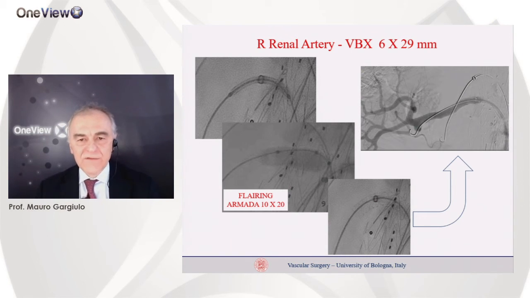First, you can see the positioning of the stent graft inside of the fenestration, the deployment and the flaring of the stent, and on the right side you can see the final angio for the revascularization of the right renal artery without any problem in the distal landing zone, but even in the proximal landing zone at the level of the flaring that we did.